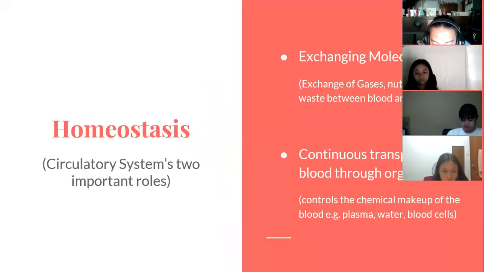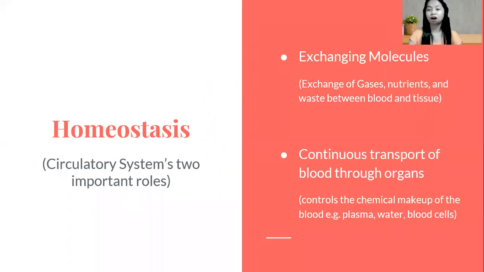There are two important roles of our circulatory system in maintaining homeostasis. First is the exchange of molecules: gases, carbon dioxide and oxygen, nutrients and waste between blood and tissue.